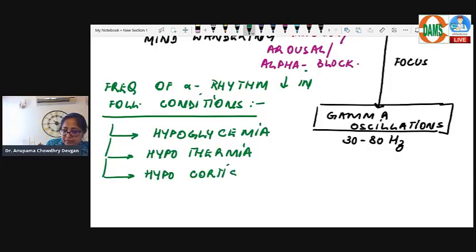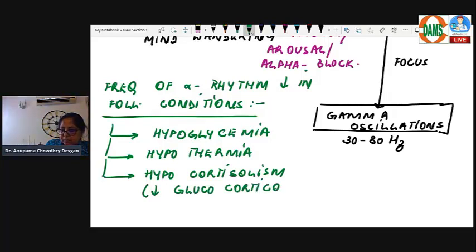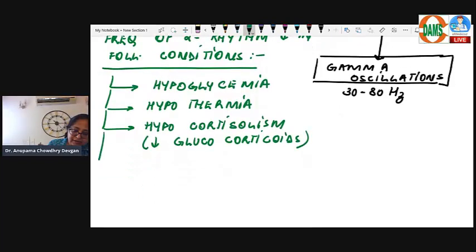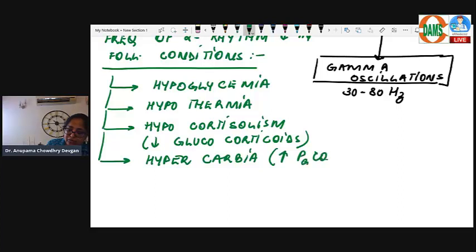Hypocortisolism, decreased secretion of glucocorticoids. And hypercarbia or hypercapnia, that means increase in PaCO2.